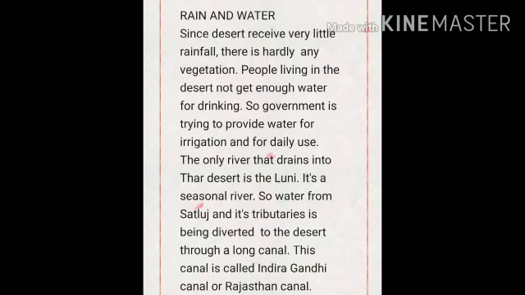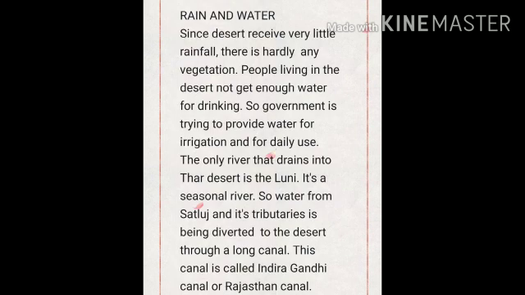Since the desert receives very little rainfall, there is hardly any vegetation. Scattered bushes and thorny shrubs are found. People living in the desert do not get enough water for drinking. So the government is trying to provide water for irrigation and for daily use. The only river that drains into the desert is the Luni.